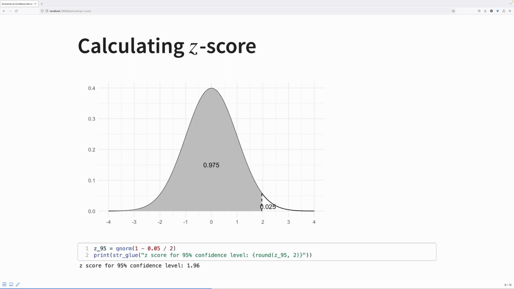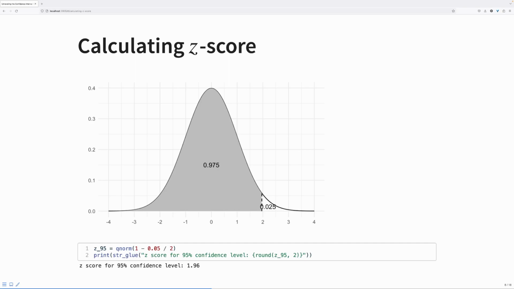We use the qnorm function, which returns a z-score corresponding to the cumulative probability p for a standard normal distribution. Since the area in the middle is 95%, the tails on each side together make up 5%. Because this normal distribution is symmetrical, each tail will have half of the 5%, which is 2.5%.